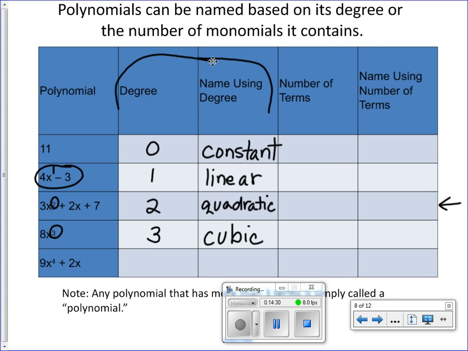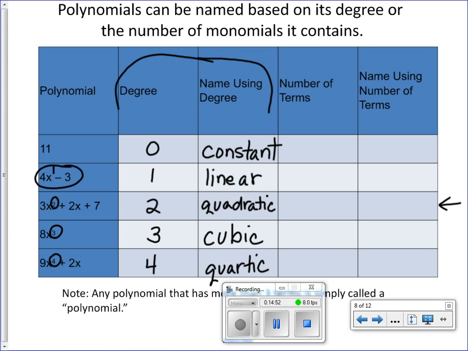And the last example, we have a degree of 4, and that's called quartic. Now, anything beyond that, we would simply say it's a polynomial with a degree of 5, or a polynomial with a degree of 6, or whatever it might be.